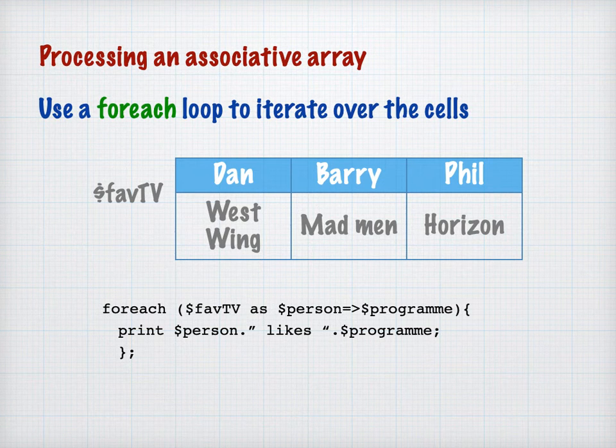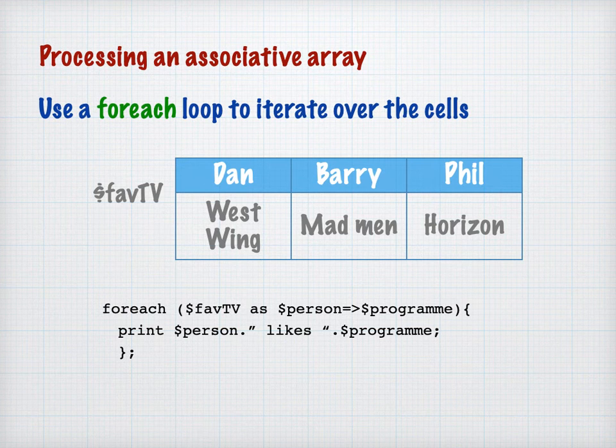So you go foreach, and then we have something in brackets. We say the name of the associative array, in this instance it's Fave TV, and we go as, and then we come up with a name for the label and a name for the contents of the cell indicated by that label. So here, for example, I'm making up two names, person and program. You can use whatever names you like there, but you use that little arrow notation between them.